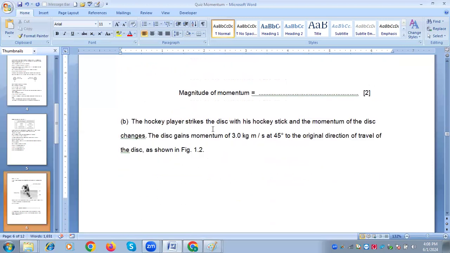Now the hockey player strikes the disc with his hockey stick and the momentum of the disc changes. The disc gains momentum of 3 kg meter per second at 45 degrees to the original direction of the disc. Initially, suppose this was moving horizontally. Delta P is 3 kg meter per second.